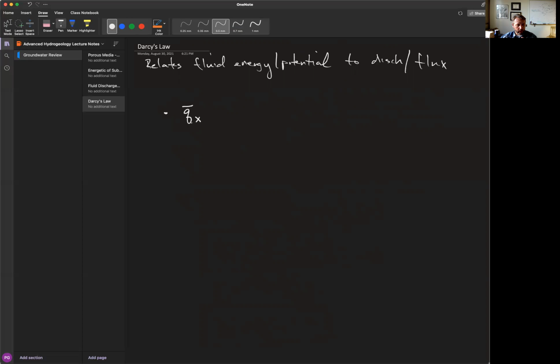So Q sub x, all right, which is equal to the total discharge across the x plane, normalized by the area, or the discharge per unit area in the x direction.